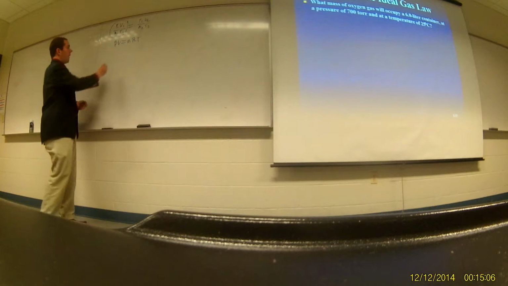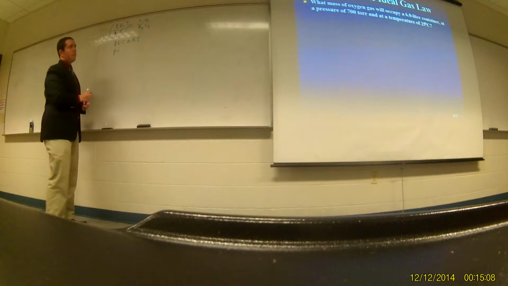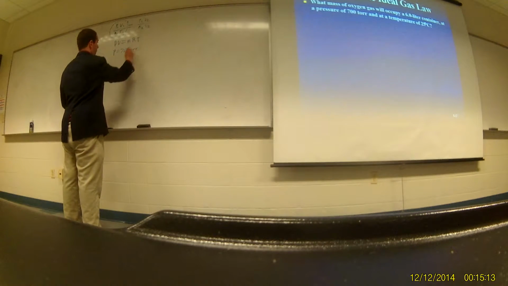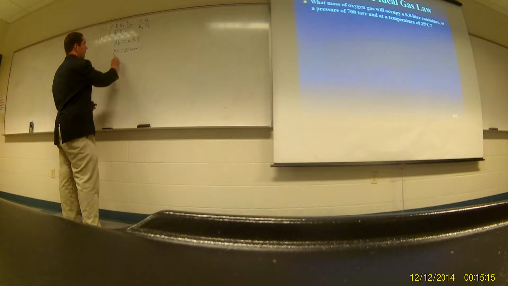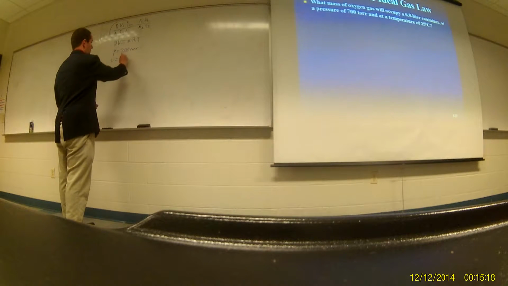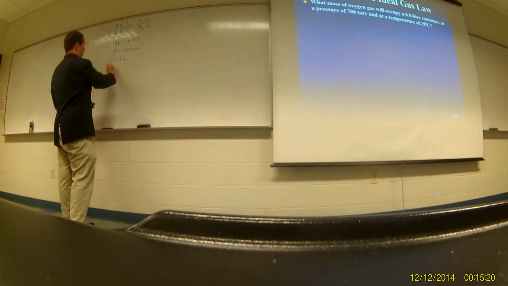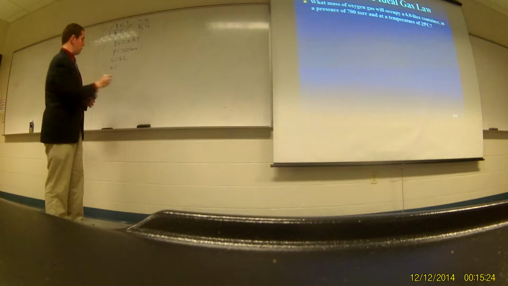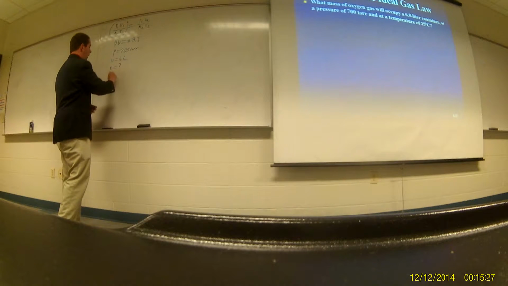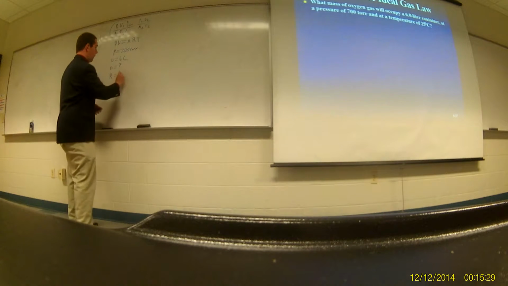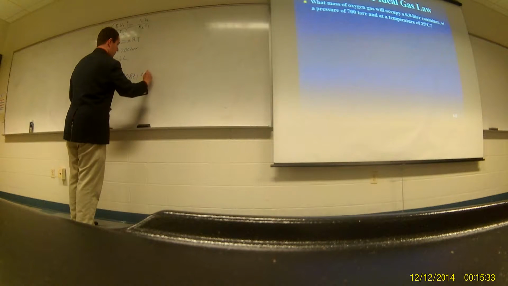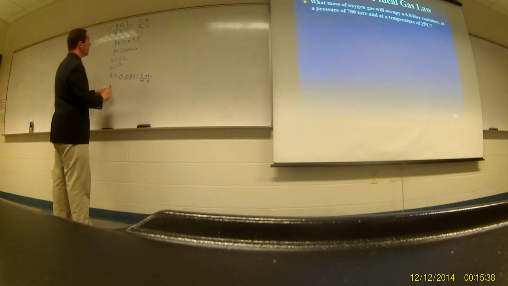What is my value of P? 700 torr. What is my value of V? 6 liters. What is n? We don't know. R is off your cheat sheet, 0.0821 liter atmospheres per mole Kelvin.